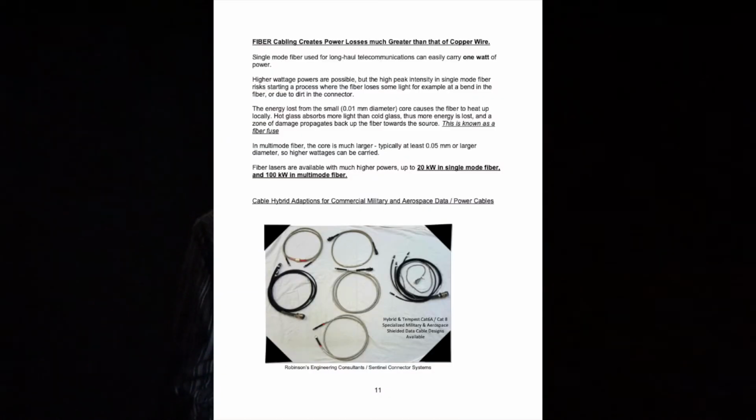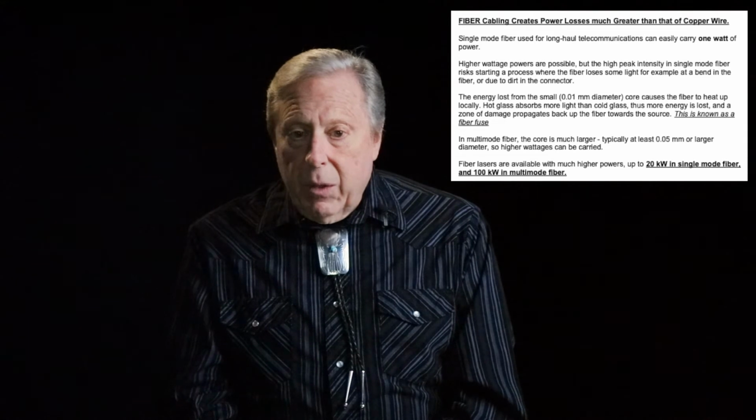Now the next one is fiber cabling. And I have to be careful here because over the years you've heard lots of things from the people who want to push fiber rather than copper. The truth is fiber is none of the things that they claim it to be. It was at one point when it was using glass, but today they use optical plastic.